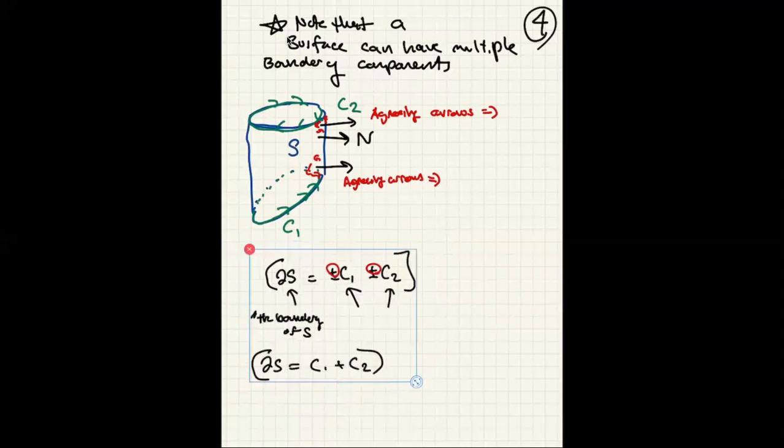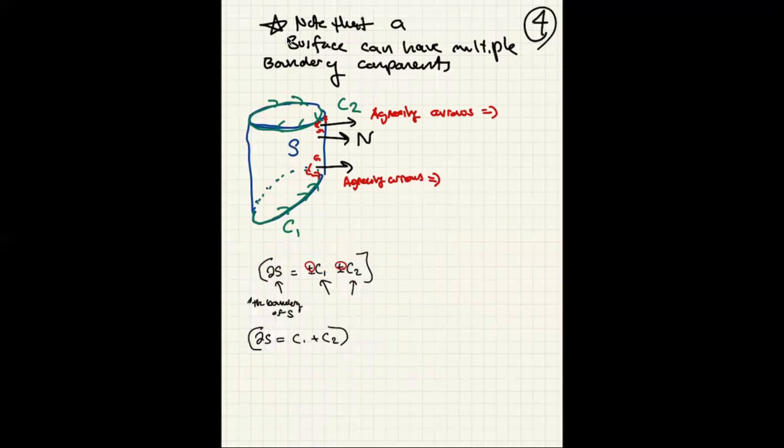I'm going to resize this. This would tell us that if we had some vector field v, then the integral of curl v dot n over S dA could actually be written as a positive copy of a single work integral about C1 of v dot T ds, plus a positive copy over C2 of v dot T ds.